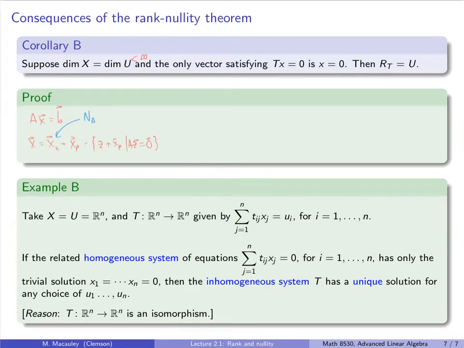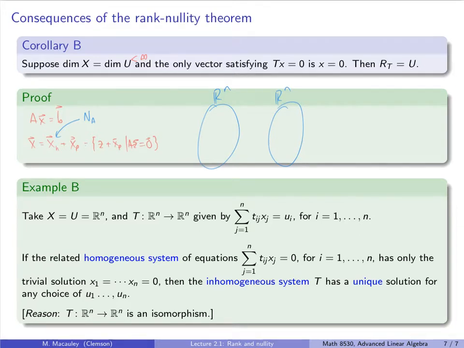So if T is a linear map from Rn to Rn, that corresponds to an n by n system of equations. Let's assume that the only solution is the trivial solution. Geometrically, that means that we have Rn to Rn. Let me just draw a little cartoon of this.